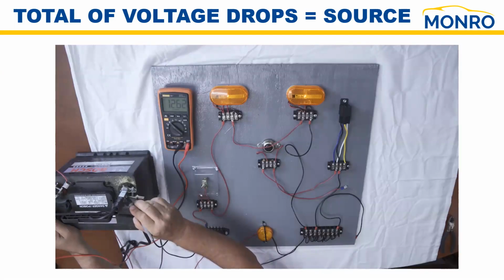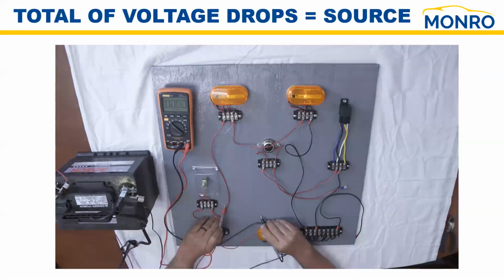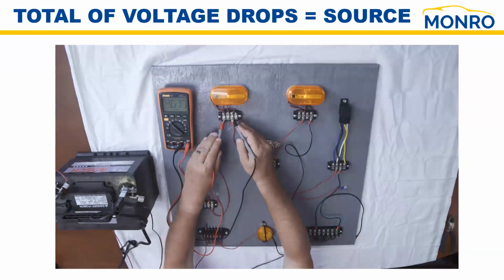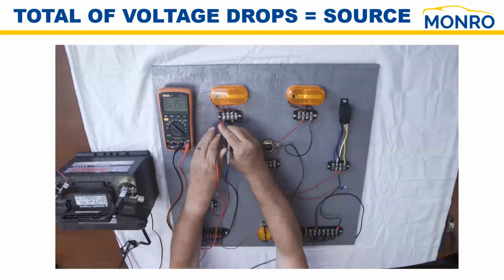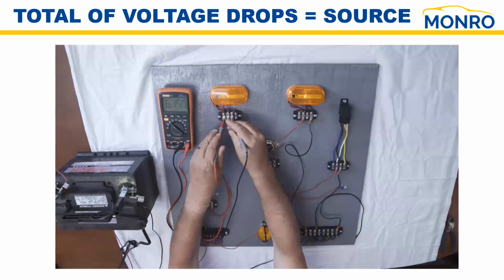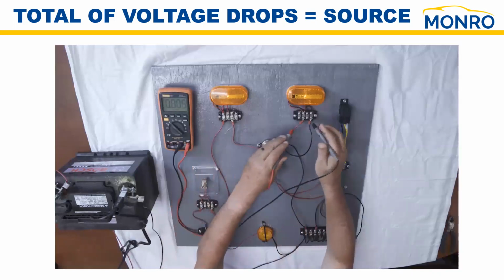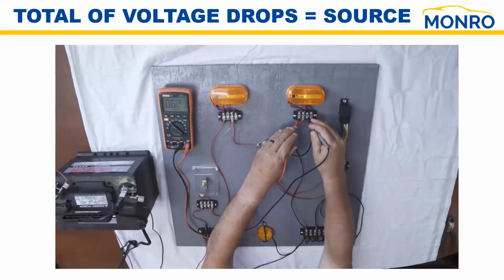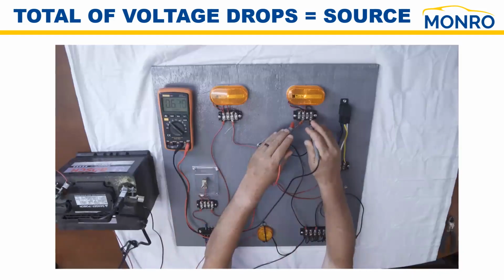Once we've got that measurement, we measure the voltage across the first load, and that's just about half of it, or 6.15 volts. We measure the voltage across the second, and once again, we've got 6 volts. The sum of those, 6 plus 6, equals the 12 volts that we started with.